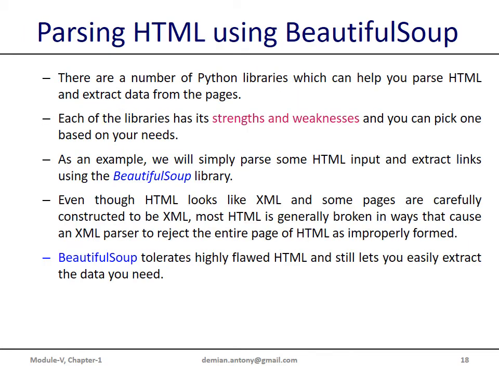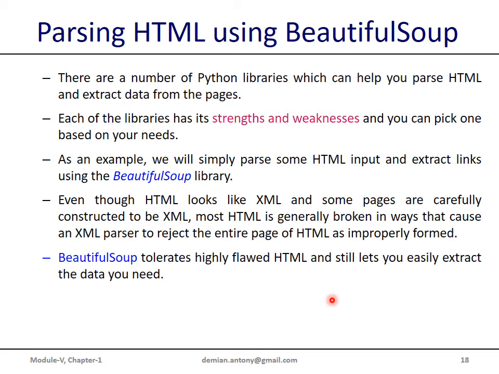There are a number of libraries present in Python to parse HTML pages and to extract the relevant data or useful information from these pages for processing or for analytics.